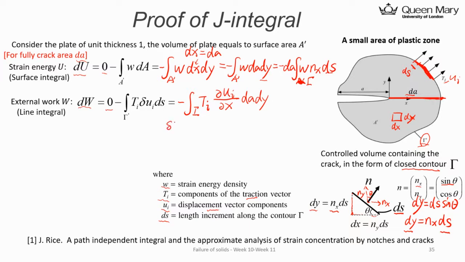Delta Ui, you can think of as the gradient of the displacement, the partial derivative with respect to x, times the displacement, for example dx along that direction, times dy. Since we have a crack dA, now we can change that to dA.